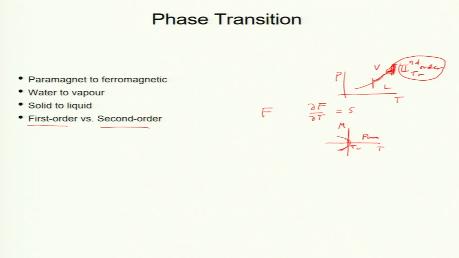Here magnetization starts from 0, there is no jump in magnetization at the critical point; it starts to increase slowly as I decrease temperature. So, this is also a second order transition. Para to ferro is a second order transition. I will not do this in detail, how the entropy is and so on, but it is called second order transition because the magnetization increases slowly from 0 to non-zero values.